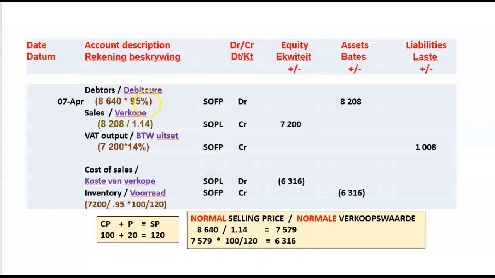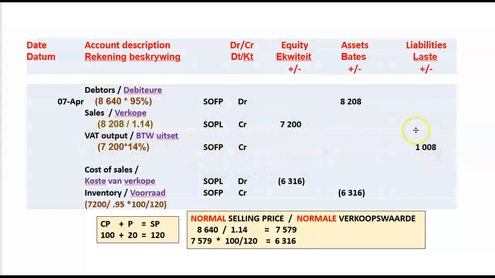It will be for 8,640 times 95%. Debtors, statement of financial position under our assets, will increase, debit, with 8,208. Sales, statement of profit or loss, will increase equity with a VAT exclusive amount, which is 7,200. And then VAT output is going to increase our liabilities. It's going to be a credit against that statement of financial position, VAT output, 1,008.